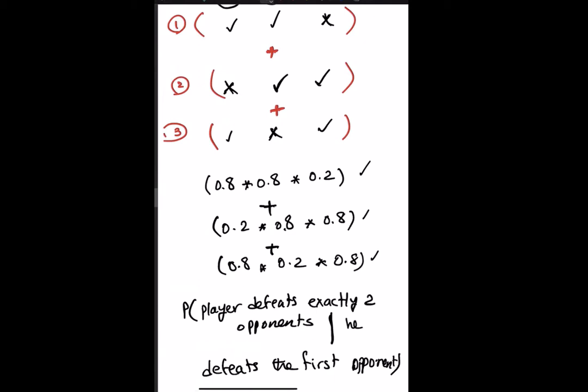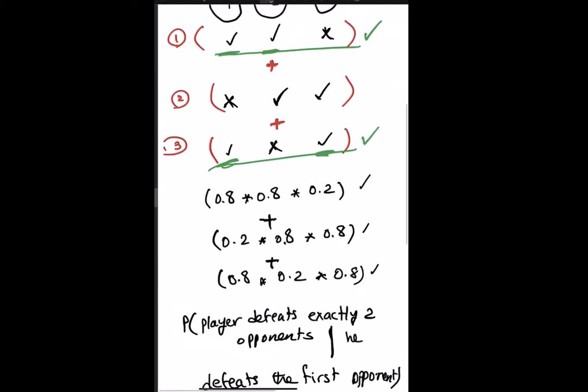So the probability that he defeats exactly 2, given that he has defeated the first one. This is one scenario where he has defeated the first one and the total of defeats is exactly 2, and this is another scenario where he has defeated the first one and the total is 2. So given that he has defeated the first opponent, it is only this and this, scenarios 1 and 3.